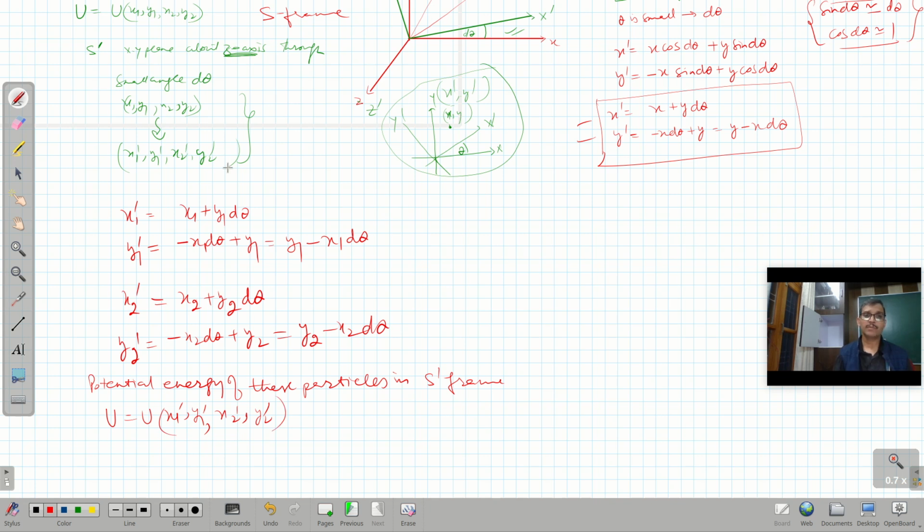But what is the meaning of isotropy of space? Isotropy of space means the potential energy between the two frames will remain the same. In other words, we can say that isotropy leads us to state that this potential energy will remain the same.